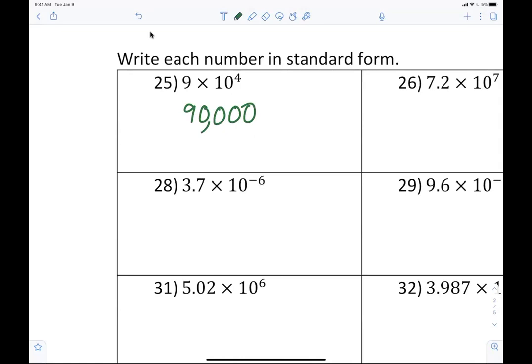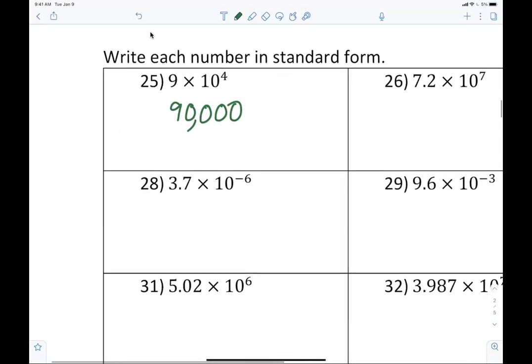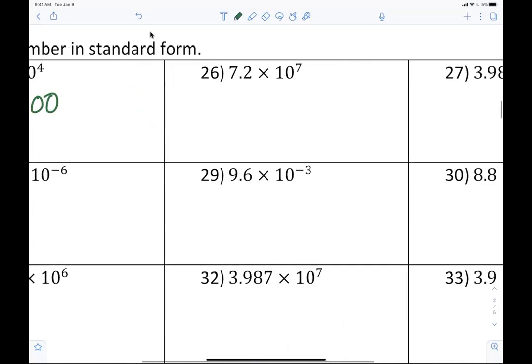Okay, now, Ryan, you have to do 26 also. So now you've got to be careful on this one. How many zeros do I need? 7. Nope. Why do I only need 6, Ryan? Oh, because of the 0.2. Yes, I moved the decimal 1 already.